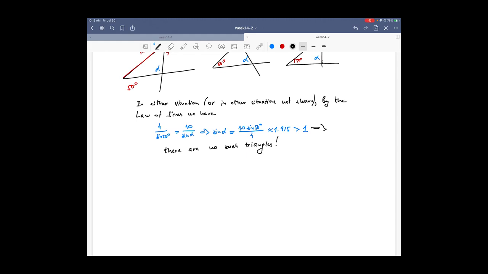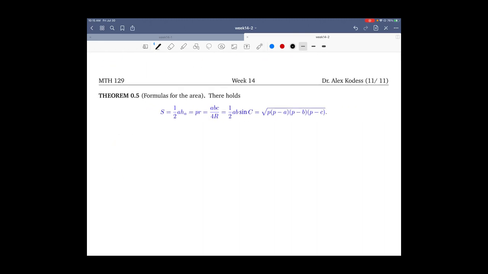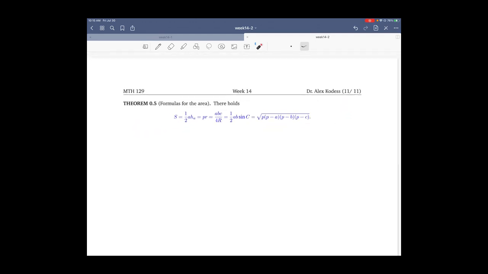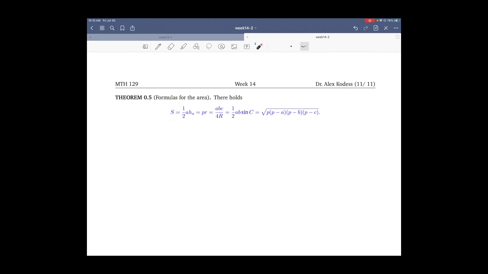We now show how trigonometry is used to derive various formulas for the area of the triangle. We will derive a whole bunch of them. Remember, S here is area. The first formula that we derive is that the area of a triangle is 1/2 one of its sides times the length of the height dropped on that side.